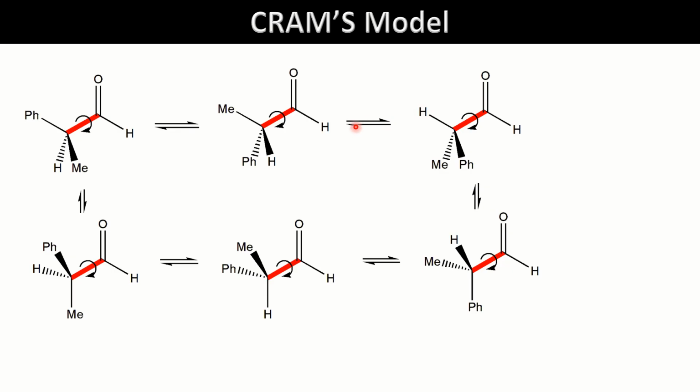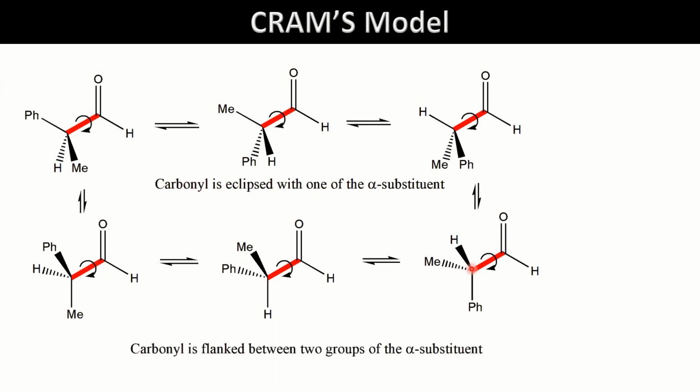So if we see here, the carbonyl is eclipsed with one of the alpha substituents, and if you see the bottom three rotamers, the carbonyl is flanked between two groups of the alpha substituent. Here the carbonyl is flanked between Ph and H. Here it is flanked between Me and Ph, and here it is flanked between H and Me.